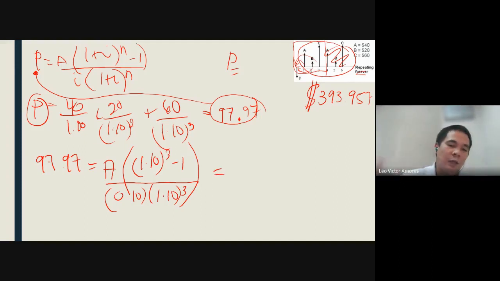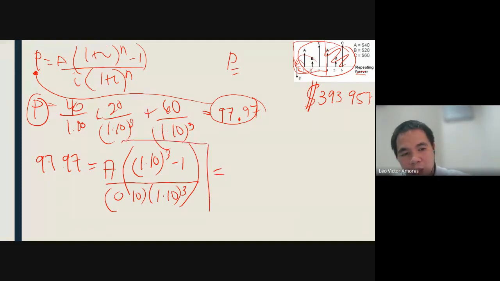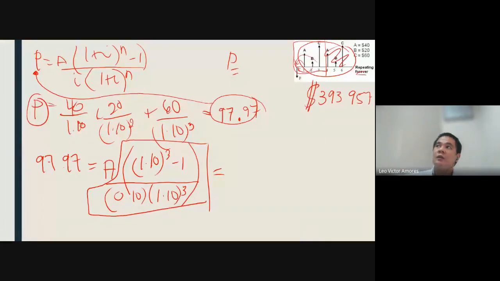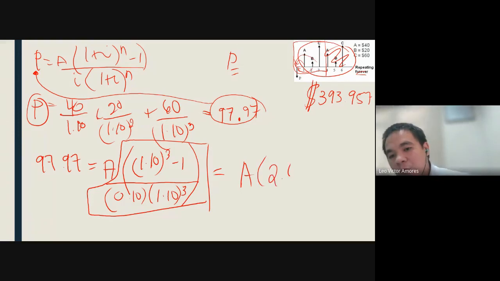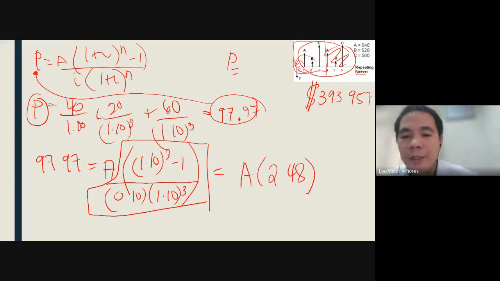Okay, so with that one, you can be able to get the value for this one. So, ang value ana niya tapad sa A, that is 1.1 exponent 3 minus 1 divided by 0.10 divided by 1.1 exponent 3. That is 2.48. Meaning, mao ni siya imuha compound factor or discounting factor kay present man siya.